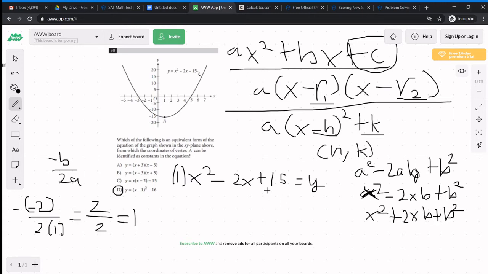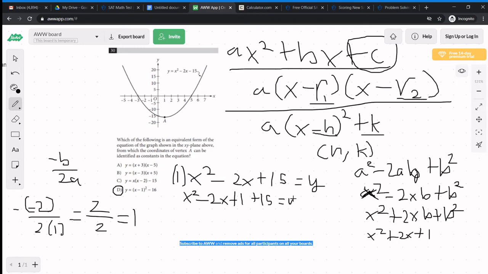So your b is going to be 1. It's going to be x squared minus 2x plus 1, because 1 squared is 1. So you get x squared minus 2x plus 1 minus 15 equals y plus 1. We add 1 to both sides. Now we're going to do x minus 1 squared.